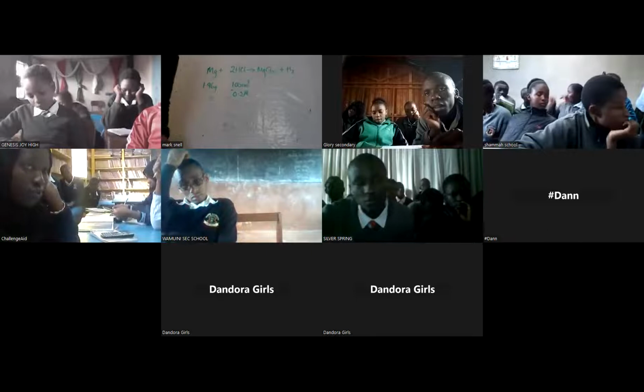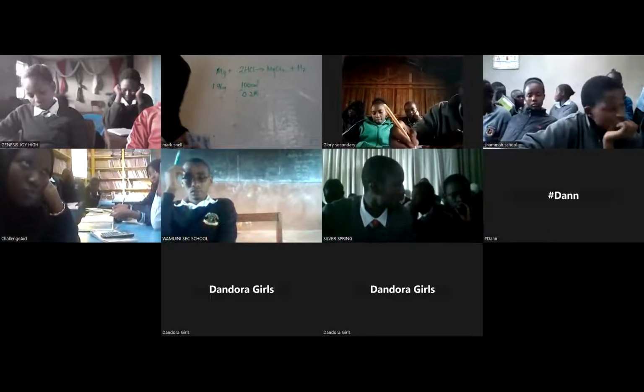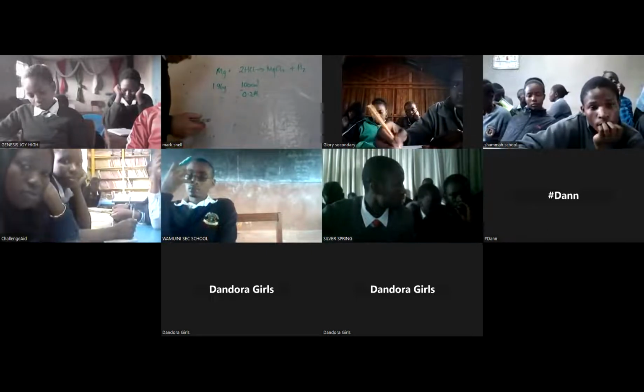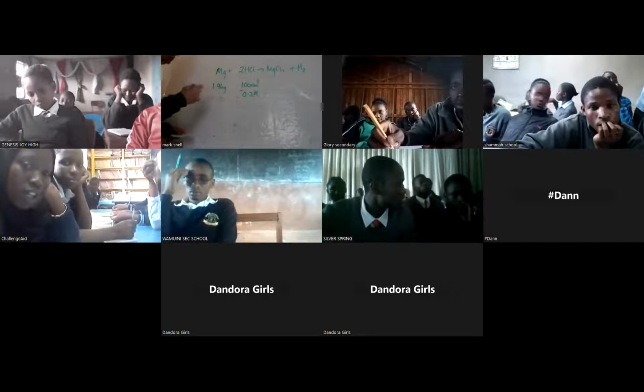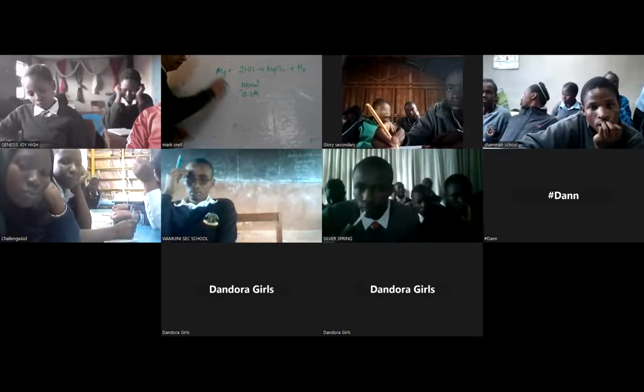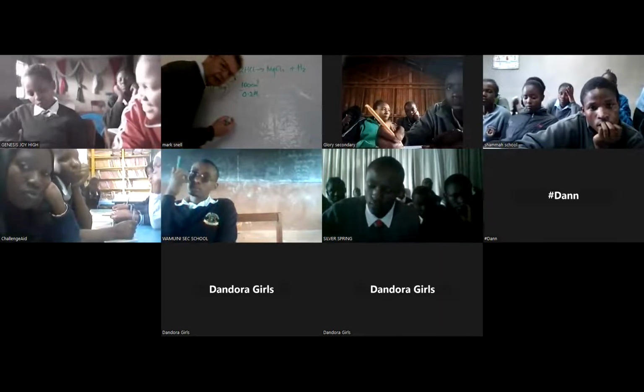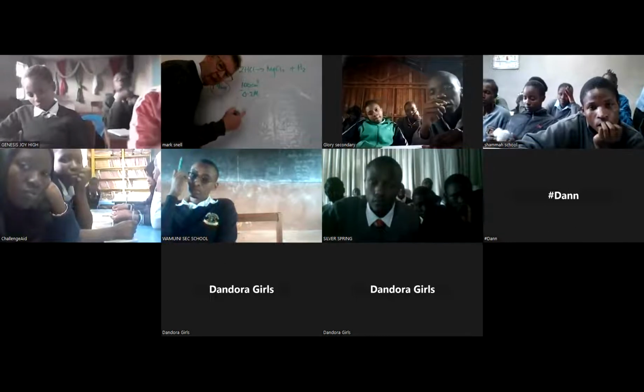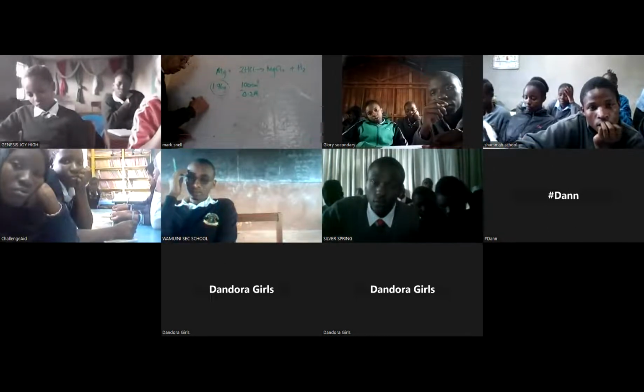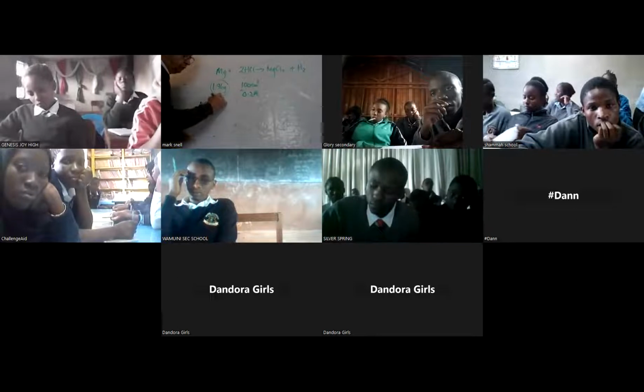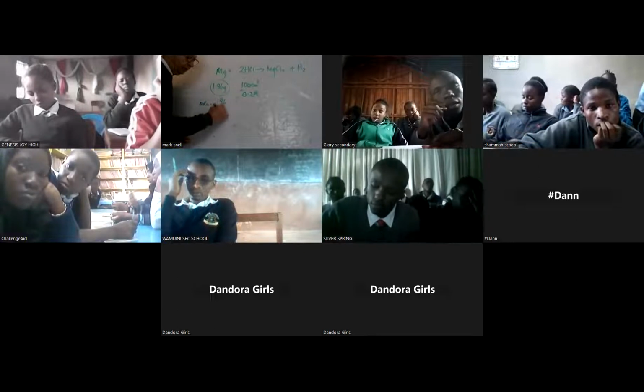Okay, and the first question is, which one is in excess? Well, for this one, I have a mass. So the moles is mass over RAM. So moles equals 1.96 over 24.